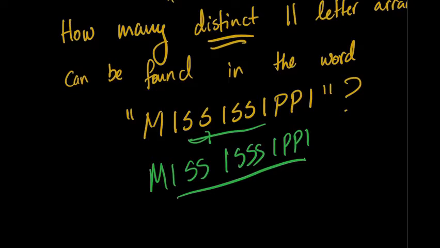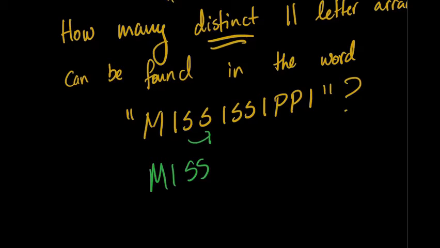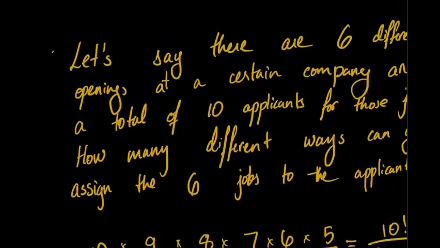Yet S and S were supposed to be flipped, and therefore it wouldn't really make sense to count those as separate permutations.